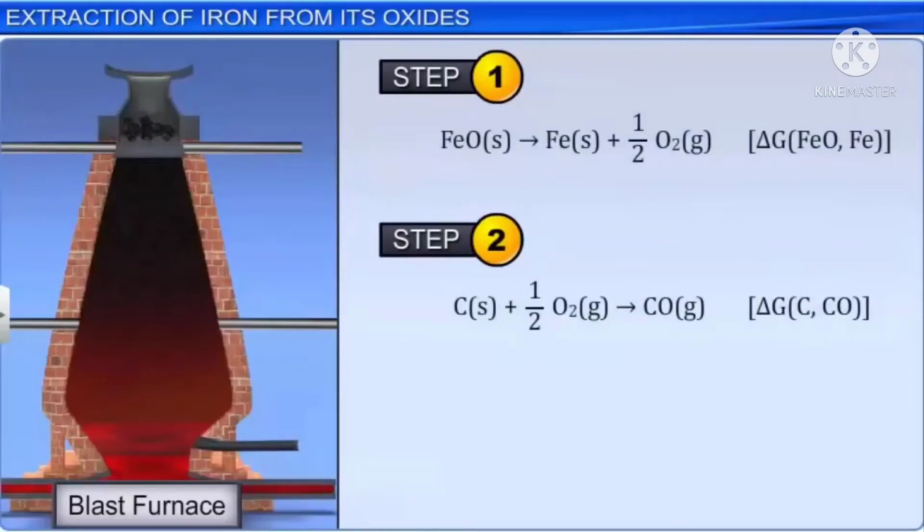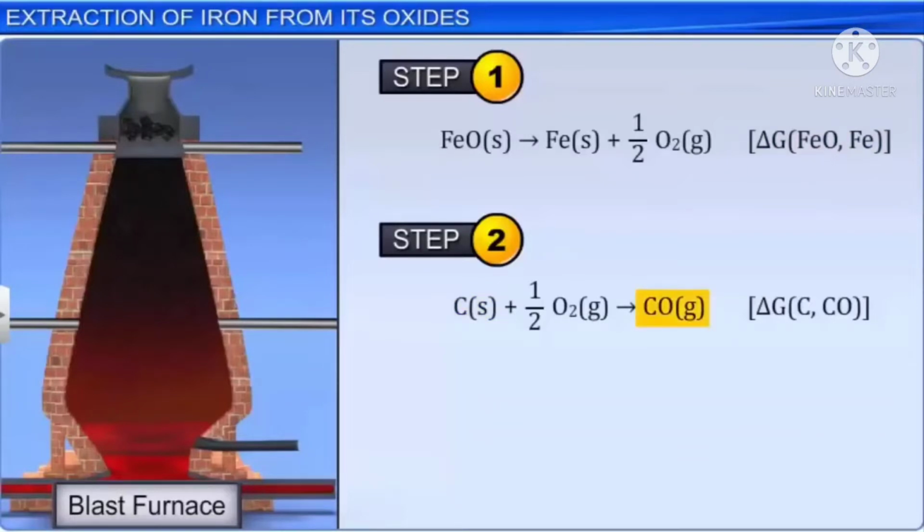In the first reaction, ferrous oxide gets reduced to iron. Let the change in the Gibbs free energy for this reaction be delta G, FeO, Fe. In the second reaction, carbon gets oxidized to carbon monoxide.